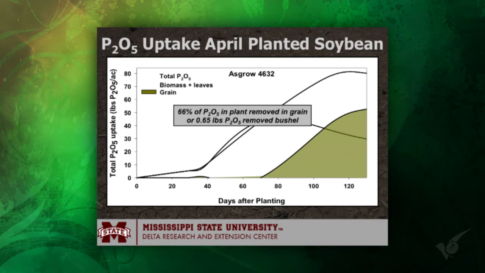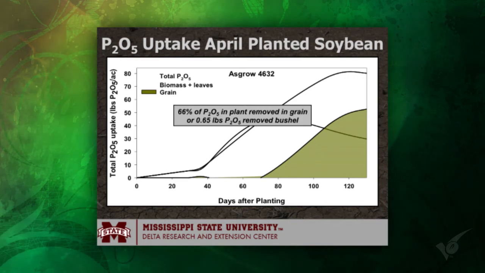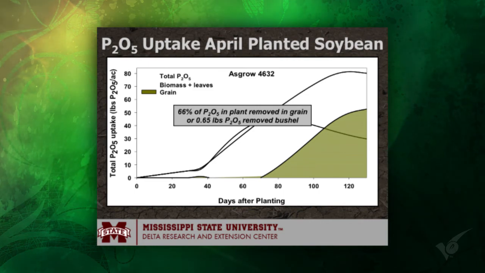And if you look at the amount contained in the grain, there was approximately 66% of P2O5 removed in the grain, or about 0.65 pounds of P2O5 removed per bushel, which is slightly less than the national average. Okay, that national average was about 0.73. All right, so we're getting close.